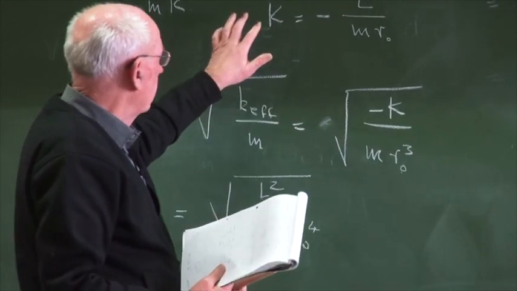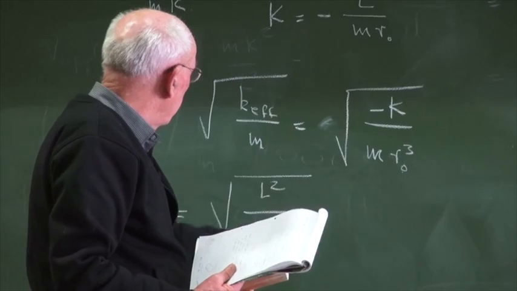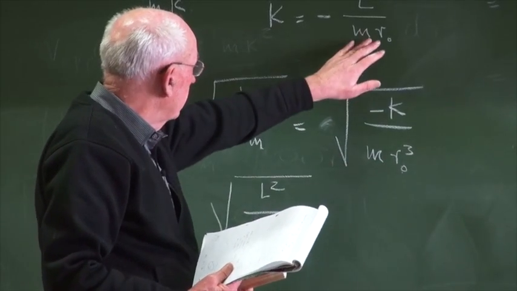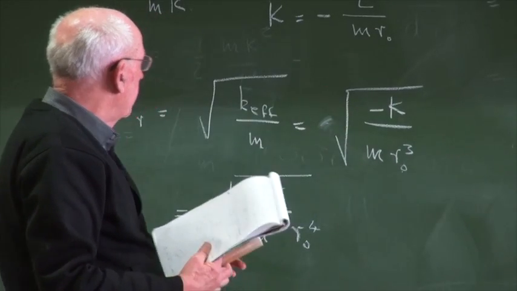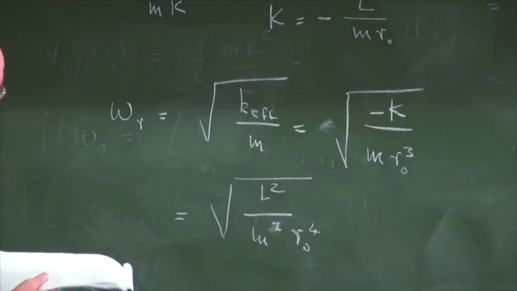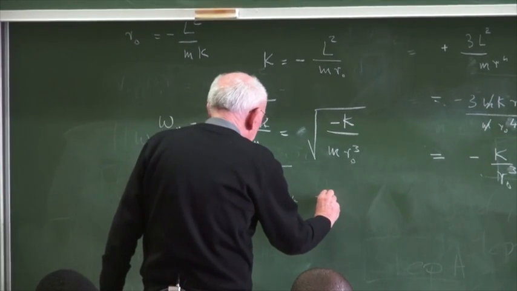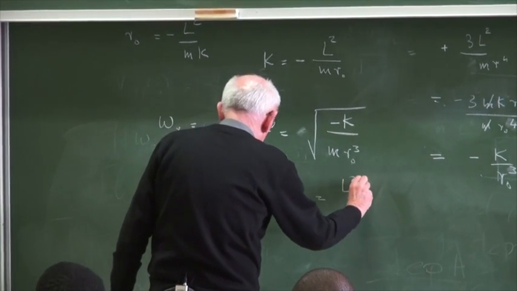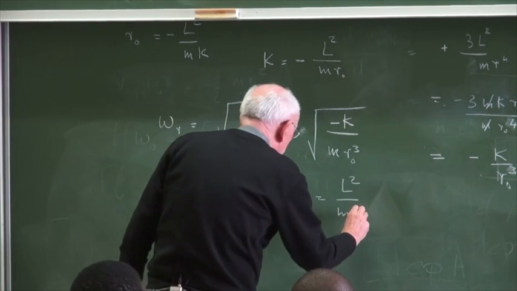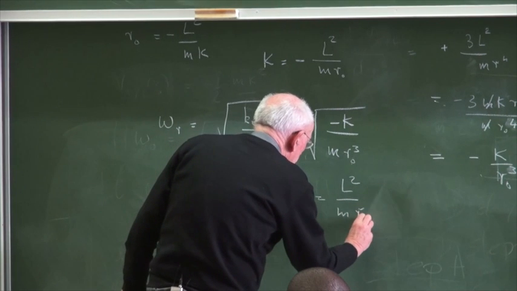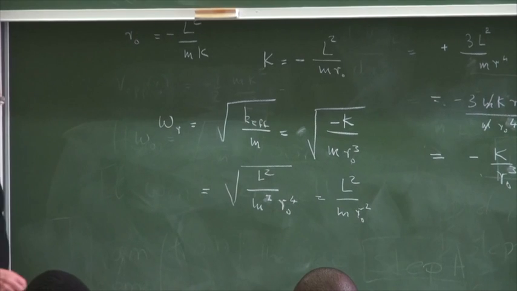Just do this yourself. Just put that in there. There's a minus there, there's that, and so on. And there's an m to the third, there's a r coming in there. There's a r to the third, and there's a r0 coming in there. And so we get this expression, of which we can take the square root very easily. So this is L over m R0 squared. Okay?